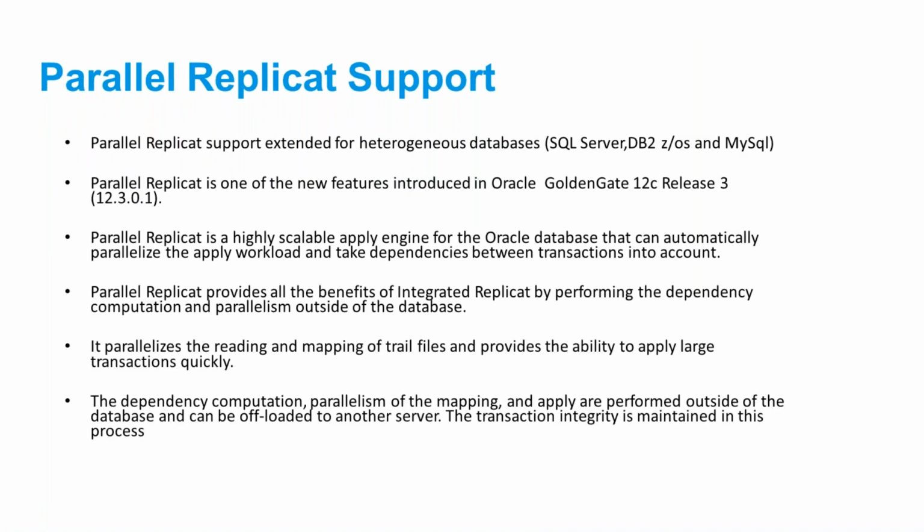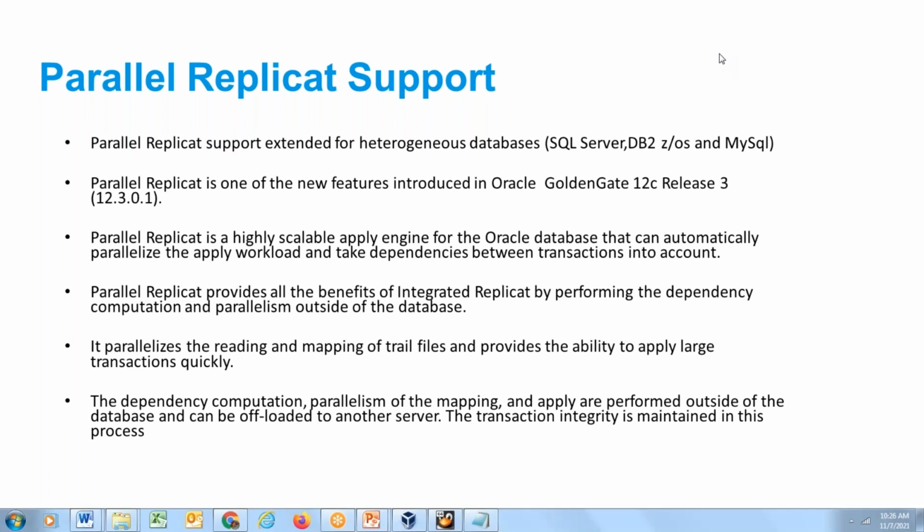Now parallel replicate support. Parallel replicate support is now extended for heterogeneous databases as well, including SQL Server, DB2 z/OS, and MySQL. Until 19c, parallel replicate was only available with Oracle database. Parallel replicate is one of the types of replicate, just for those who don't know.